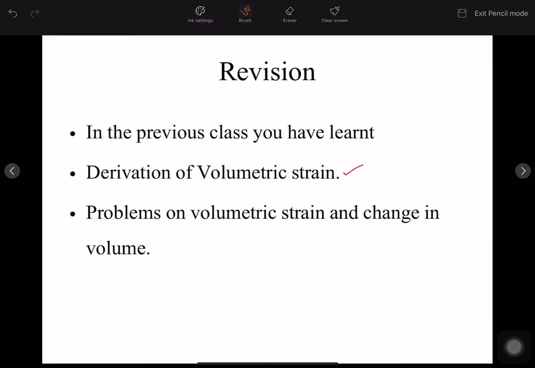We derived the equation for volumetric strain, and also solved some numericals based on volumetric strain and change in volume, which are important in this topic from your examination point of view.